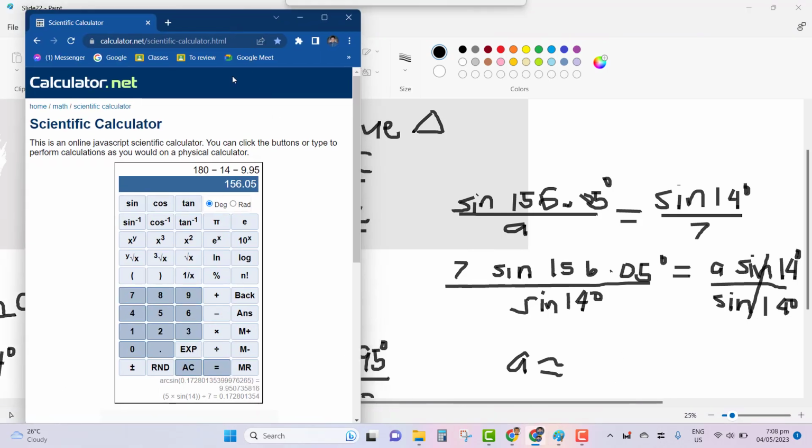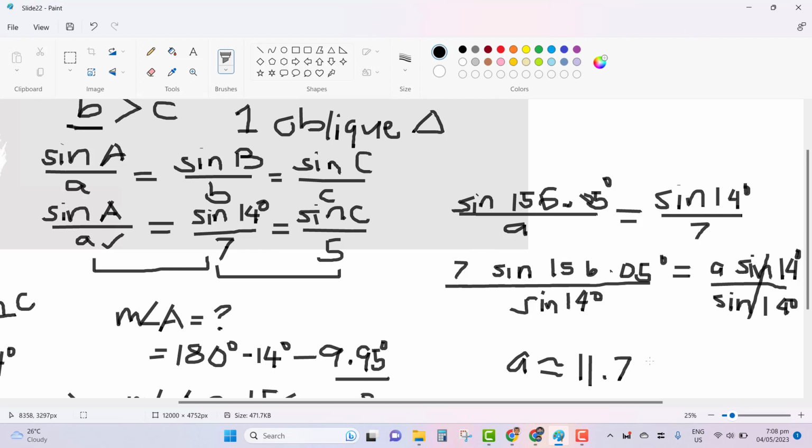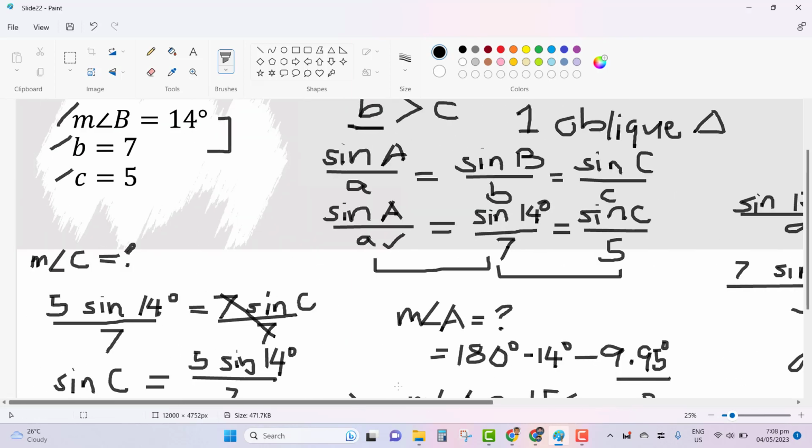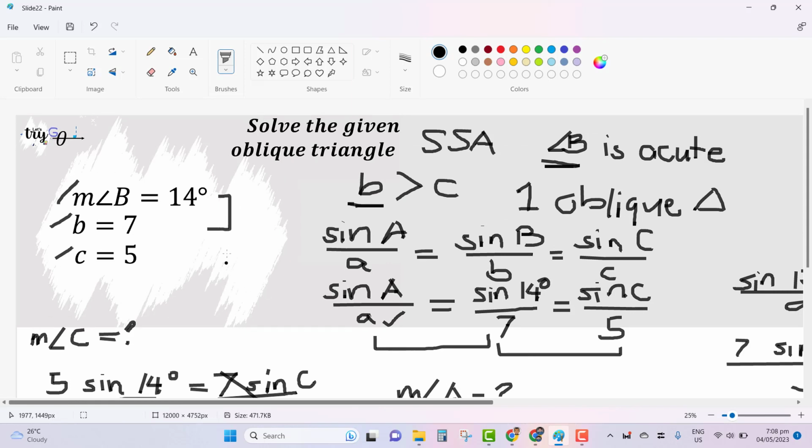Let's input that in our calculator. So you're going to have 7 times sine 156.05, close parenthesis, to be divided by sine 14 degrees. So we have an approximate value of 11.75 units because this is actually a side measurement. This ends our computation for the oblique triangle that is formed with these measurements.